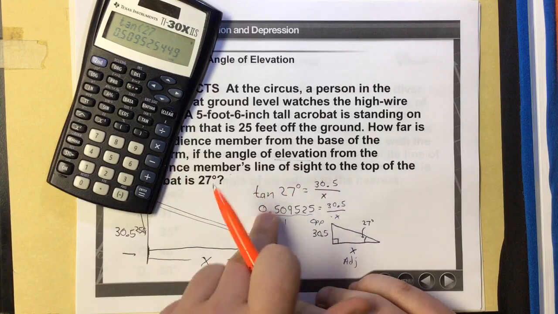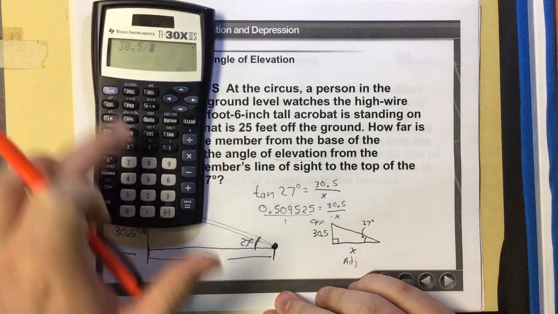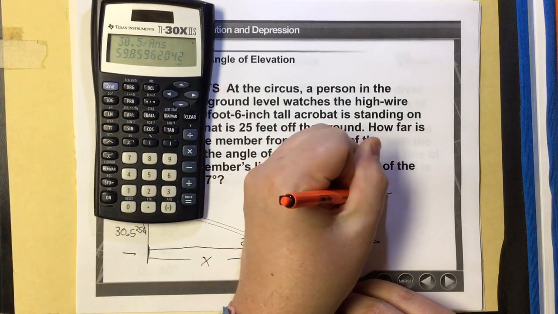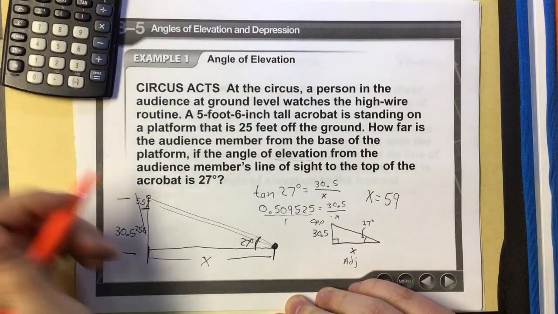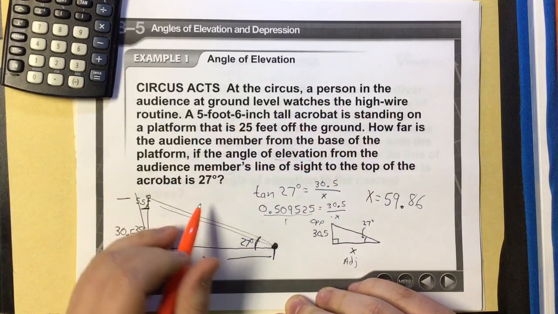So we have to do 30.5 divided by that decimal. So 30.5 divided by that answer that we had, and I find out that X is 59.86.